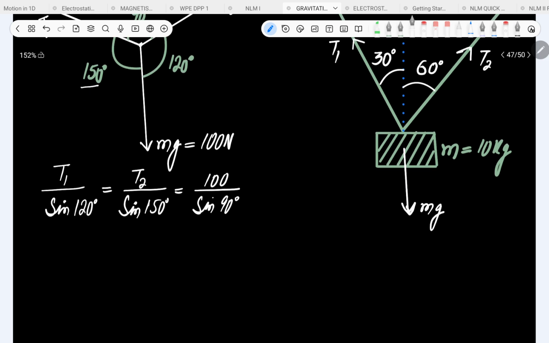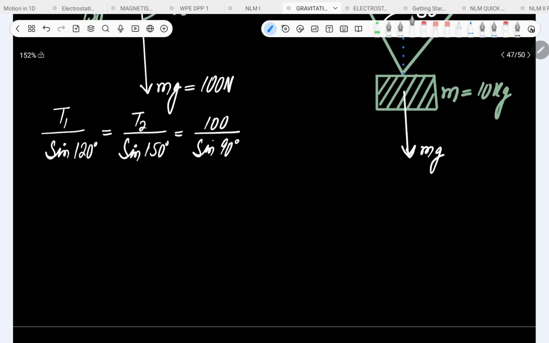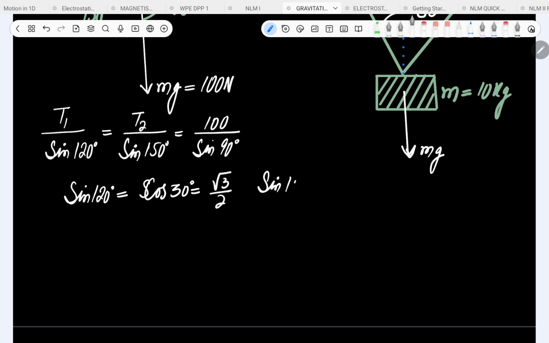Okay, now do you know the value of sin 120 and sin 150? If you don't know, just remember that sin 120 is equal to cos 30, and that in turn is equal to root 3 divided by 2. Also remember the value of sin 150, that is cos 60, and this cos 60 is in turn equal to 1 by 2.